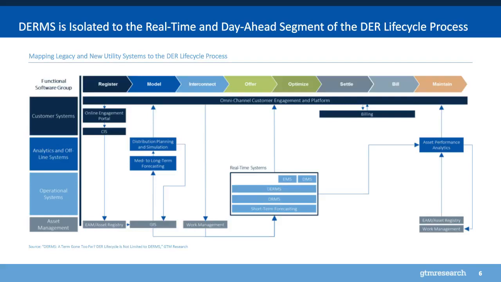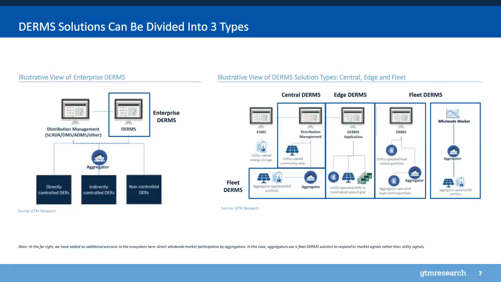There are a lot of legacy systems that operate on both sides of that real-time area, and even within that real-time box, if you look at distribution management platforms, energy management systems, and demand response management systems for that matter. But really, what we're talking about is the intraday scheduling, operations, monitoring, and optimization of particular DER resources when we talk about distributed energy resource management.